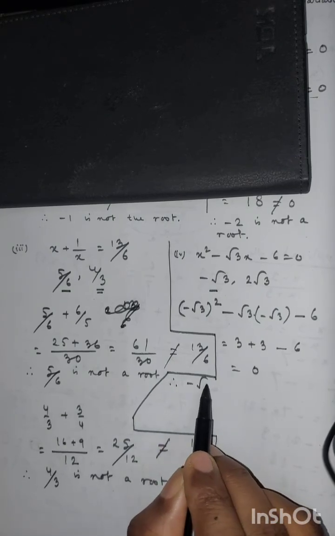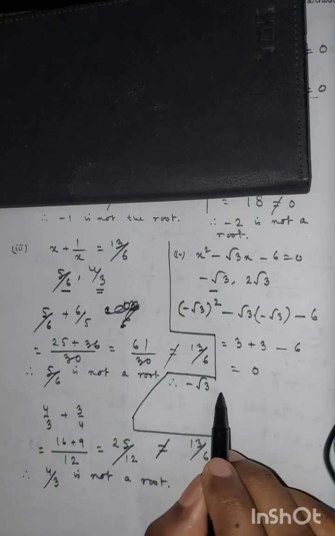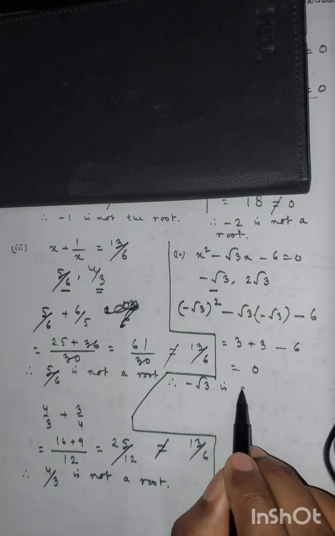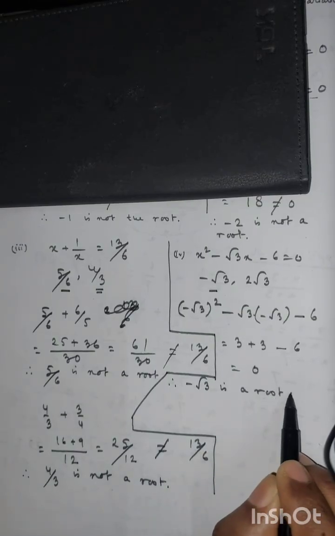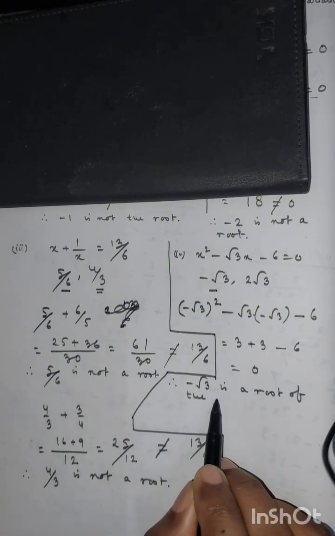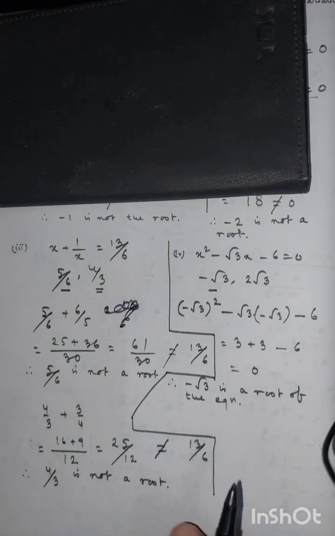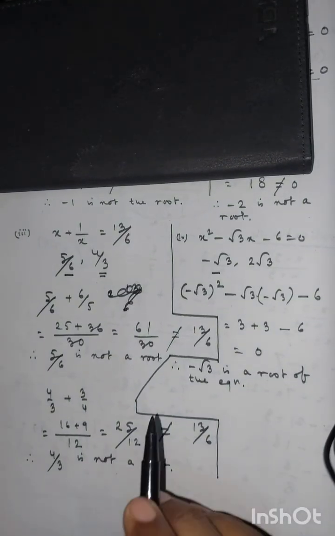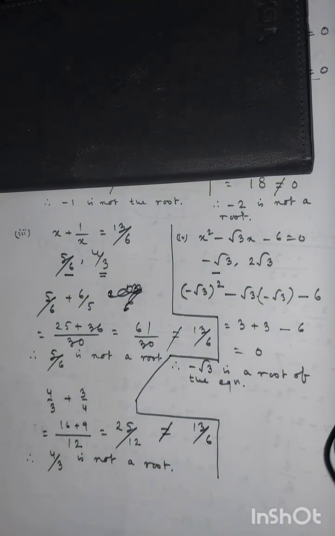Therefore, minus root 3 is a root of the equation. Now let us put 2 root 3 in place of x.